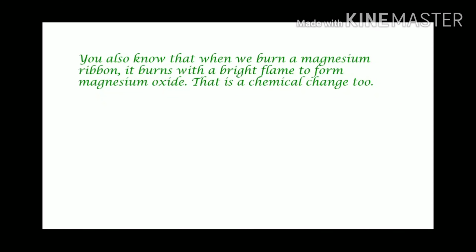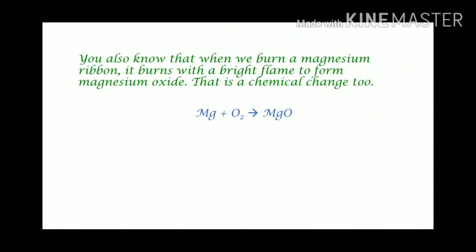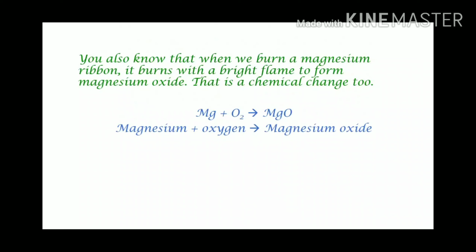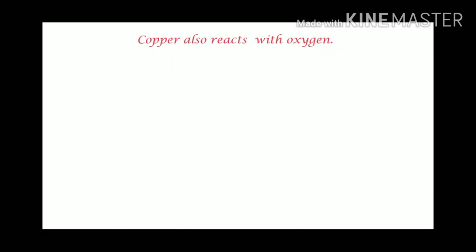You also know that when we burn a magnesium ribbon, it burns with a bright flame to form magnesium oxide. That is a chemical change too. Here is the equation for the reaction. Mg plus O2 gives MgO. You can also write the word equation: magnesium plus oxygen gives magnesium oxide. Copper also reacts with oxygen.